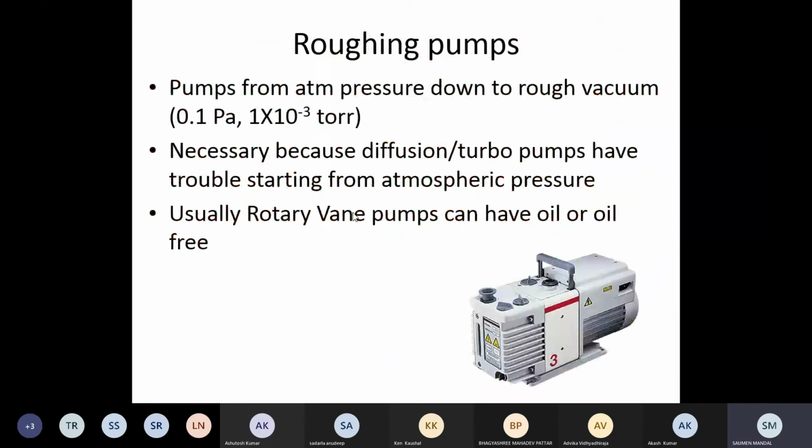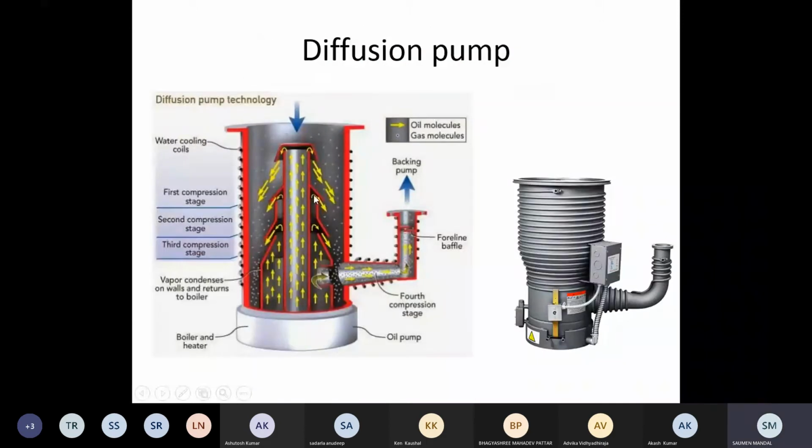So in the diffusion pump, what is happening? Inside there is oil called diffusion pump oil. This oil will boil. There is a boiler or heater, and the oil will boil. The oil will go up, and there is a water cooling arrangement, a cooling coil.